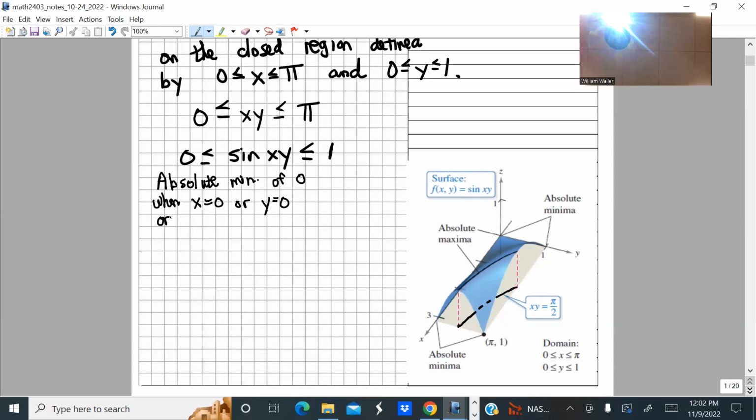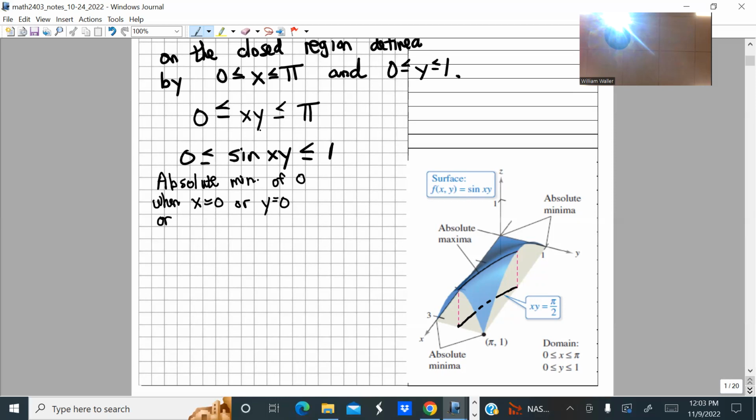No, not maximum. Let's talk about minimum first. One place is where you're computing sine of 0, but where else is sine 0? At pi. So that's going to happen when x times y is pi. But remember, x has to be between 0 and pi, and y has to be between 0 and 1.